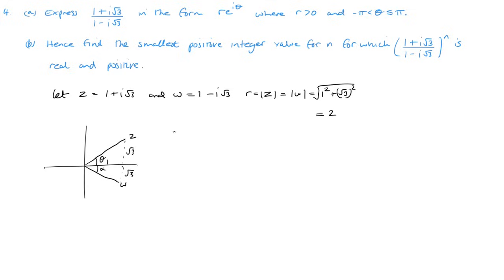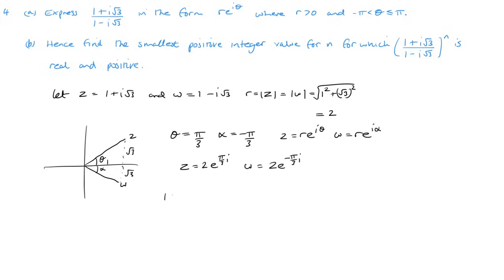Now what we've got is, because they're the same angle, working it out, my theta equals pi by 3 and alpha equals minus pi by 3. Okay, and this is for z equal to re to the i theta and w equal to re to the i alpha. So z is equal to 2e to the pi by 3 i and w equals 2e to the minus pi by 3 i.